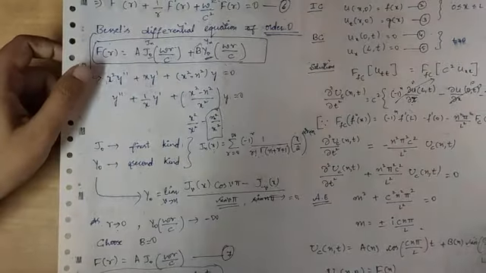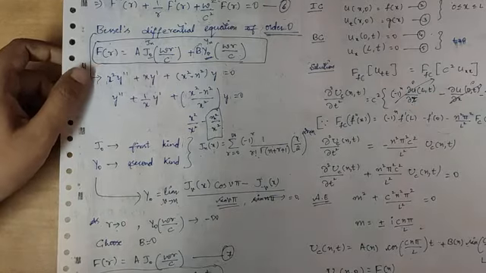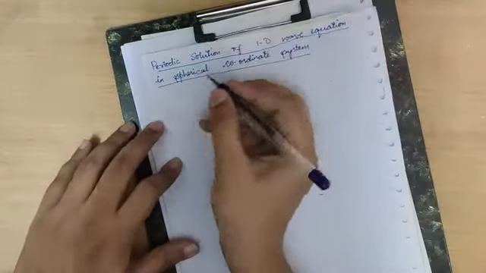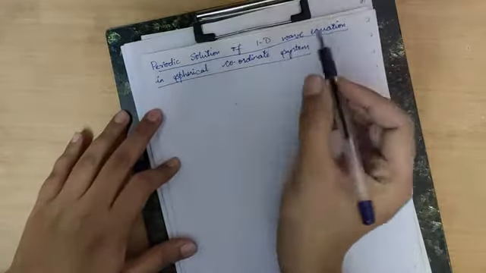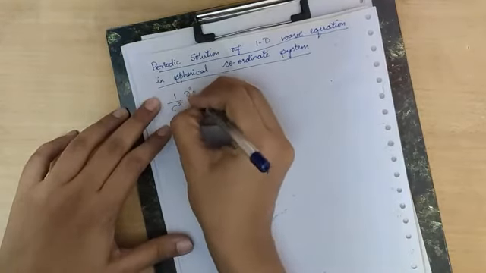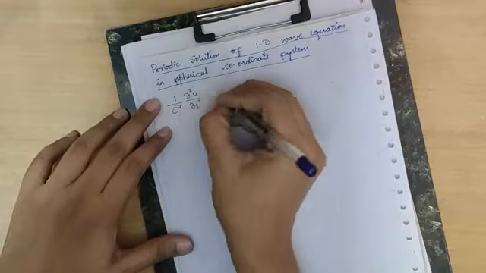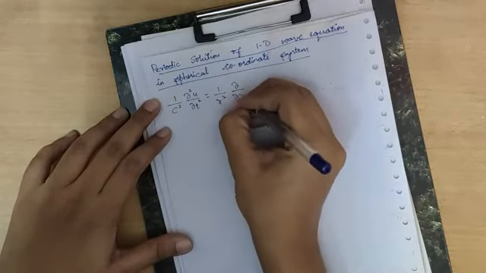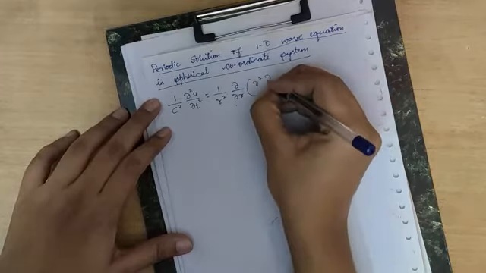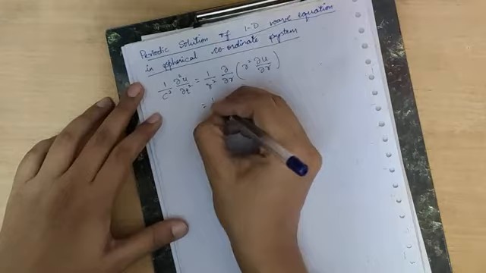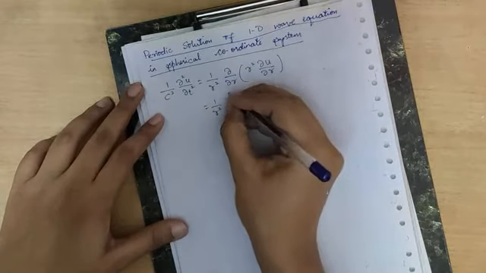Now let's move to spherical coordinate system. There is a small change in the standard equation in the case of spherical coordinate system. 1 over c square into dou square u by dou t square is as it is. Here it is 1 over r square into dou by dou r of r square into dou u by dou r. Similarly, I will retain 1 over r square as it is.